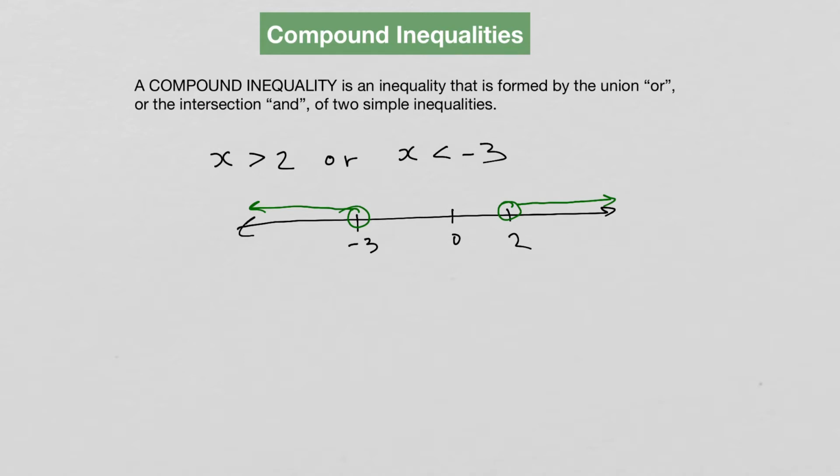Okay, so let's take a look at a second example where there is an intersection. So let's suppose we have this expression. x is greater than 2 and x is less than or equal to 7. This inequality is read as all numbers greater than 2 and less than or equal to 7.